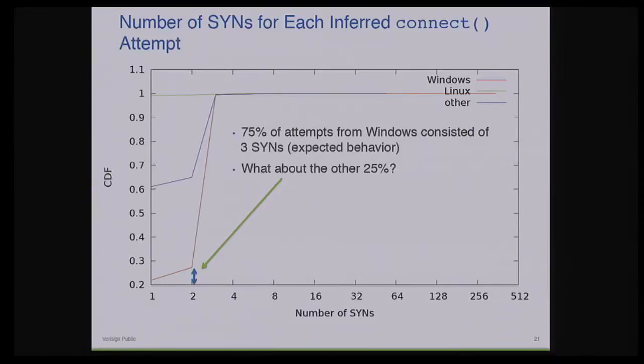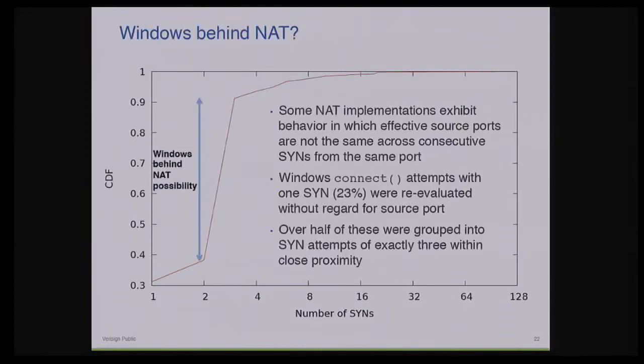And if we go to the next slide here, we had this hypothesis that with some port-based NATs, we would be seeing behavior where the 3 SYNs sent out by a Windows machine came from seemingly random source ports because of the NAT. That doesn't seem to be the case with all NATs, but we did see some of that.